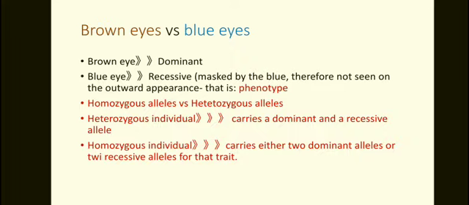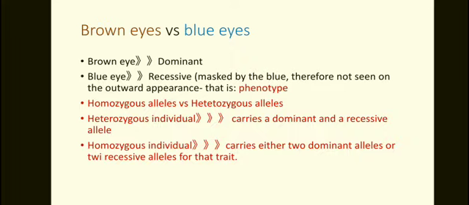Most people have brown eyes because it's a dominant allele. People with blue eyes have a recessive allele, but the recessive allele is masked by the dominant allele.